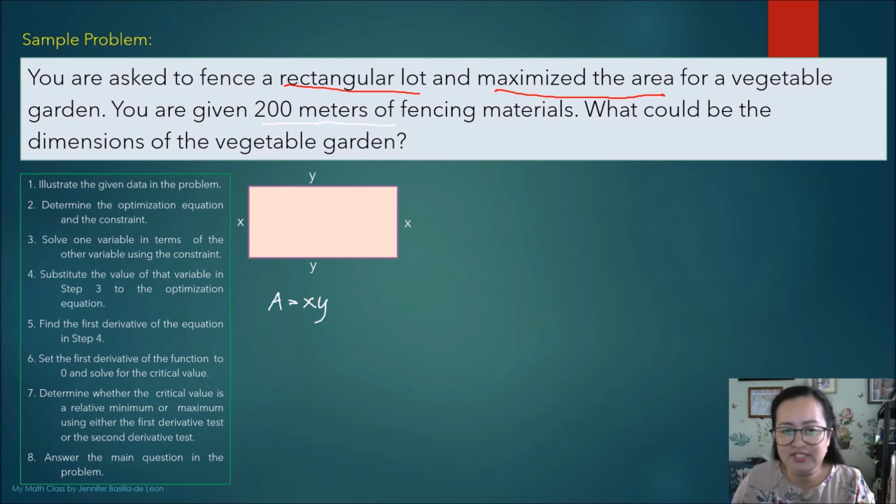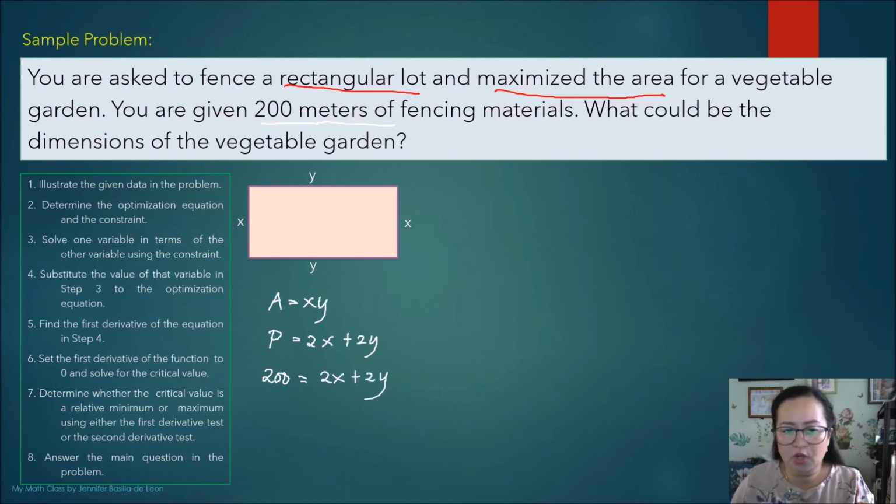Remember that fencing is an activity that calls for the concept of perimeter. So using the rectangle, the perimeter would be 2x plus 2y. Take note that this 200 meters is equal to the perimeter of the rectangular lot.